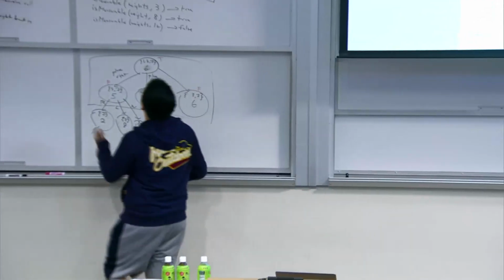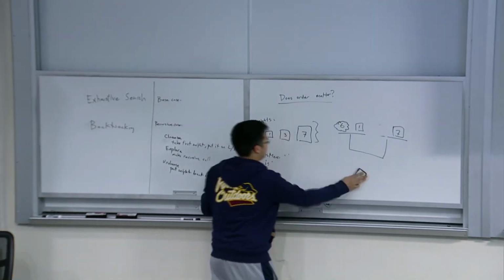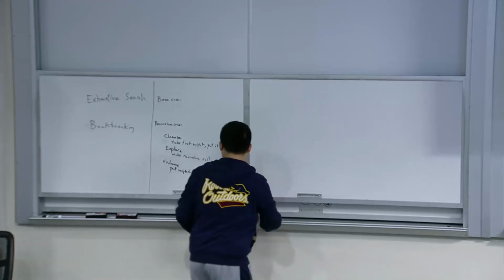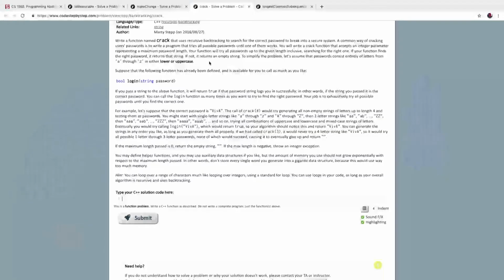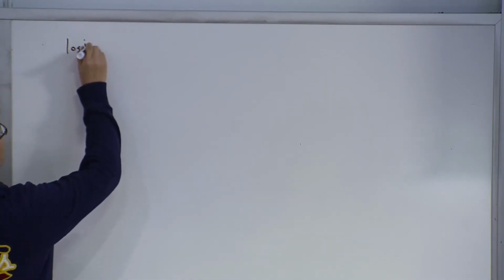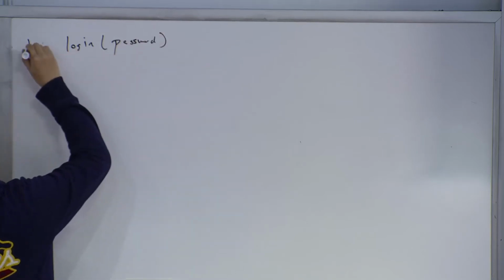Let's quickly do an example where order does matter, and this is a very relevant one. The question is number 6, called crack, and the idea is this: you're given a function called login, which takes in a password and gives you true or false.